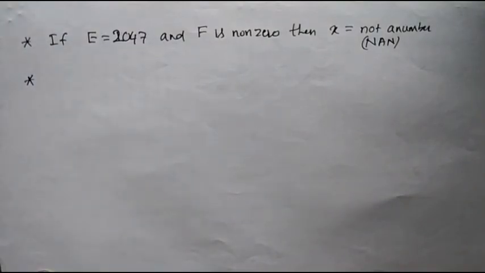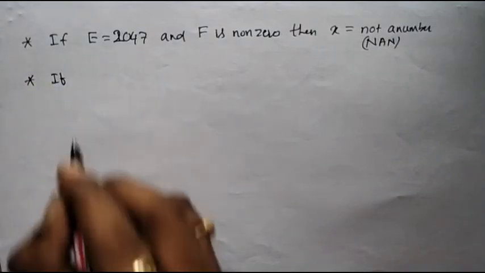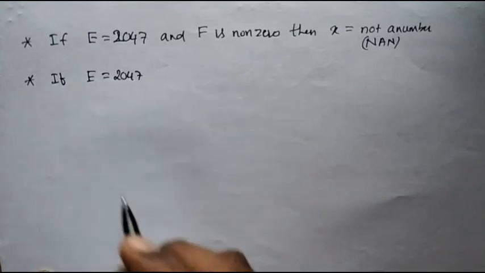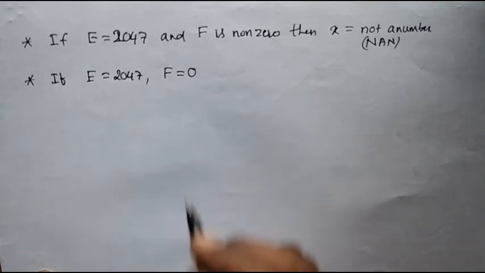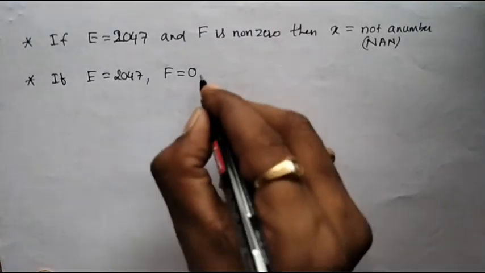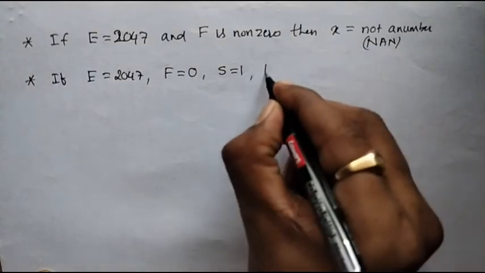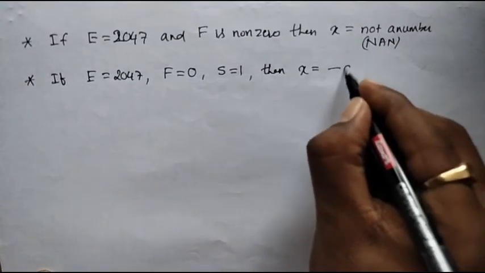Similarly, if the exponent is 2047 and the mantissa is equal to 0, and the sign bit is 1, then the number X will be minus infinity.